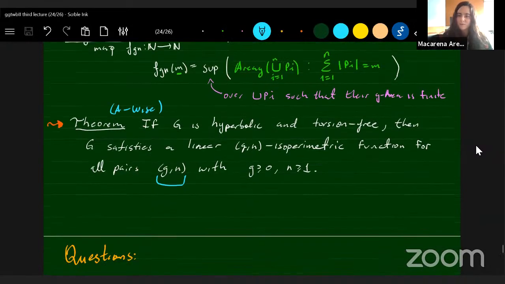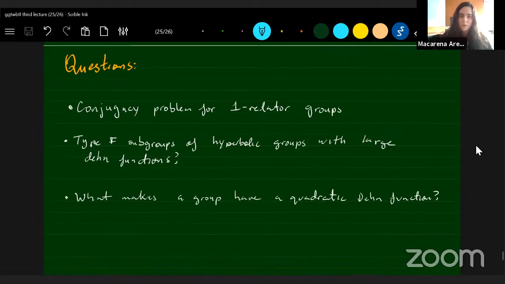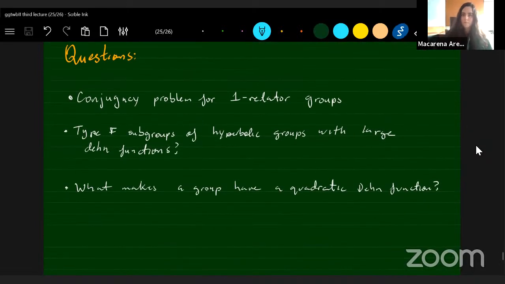So I think I'm going to finish by telling you about some questions. First, I would like to remark that the conjugacy problem for one-relator groups is open. We discussed that the word problem is solvable for one-relator groups, and we mentioned that for one-relator groups with torsion, the conjugacy problem is solvable.